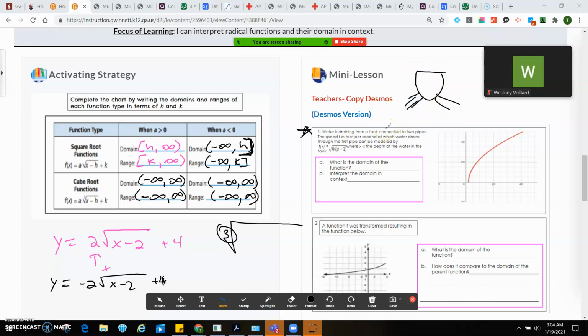And the speed, F, in feet per second at which the water drains through the first pipe can be modeled by f of x, right? So this is the first pipe, where x is the depth of water in the tank. What is the domain of the function?